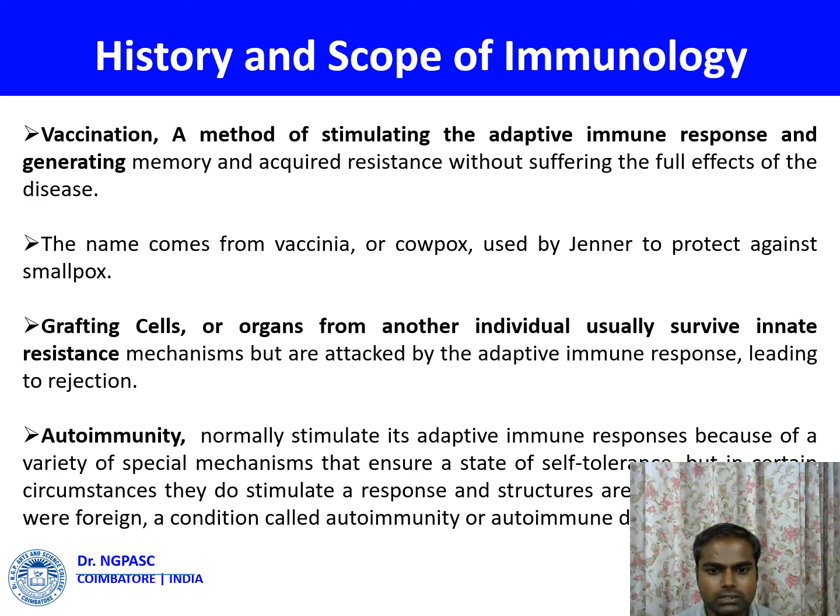Autoimmunity: normally the adaptive immune response is not stimulated by self because of a variety of special mechanisms that ensure a state of self-tolerance, but in certain circumstances they do stimulate a response against self structures, and this condition is called autoimmunity. There are different kinds of autoimmune diseases or disorders, so care and attention should be taken, otherwise they lead to severe problems for the host or individual.